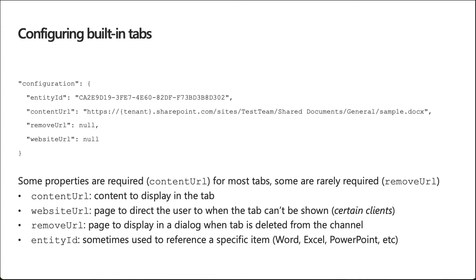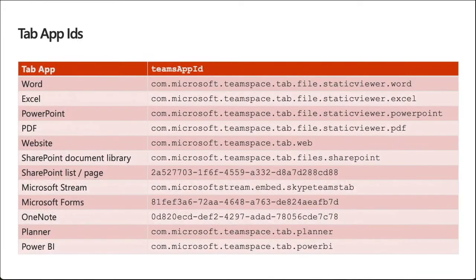So here again, this is our Word tab example, and notice that entity ID and content URL may look redundant, but you do actually need both of those values in your tab. So let's talk about different tab IDs. These are all the supported tabs that we can configure that are out of the box inside of Microsoft Teams.